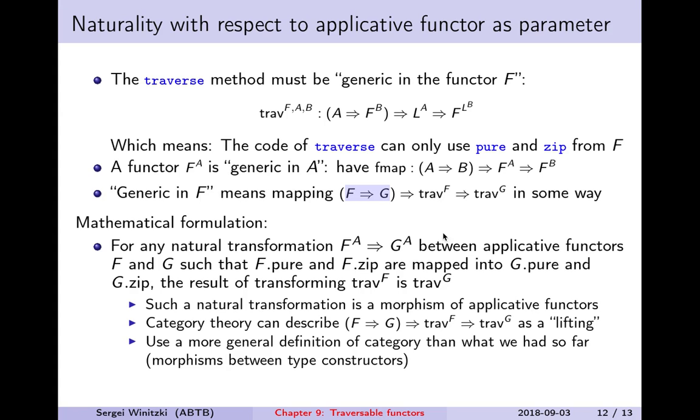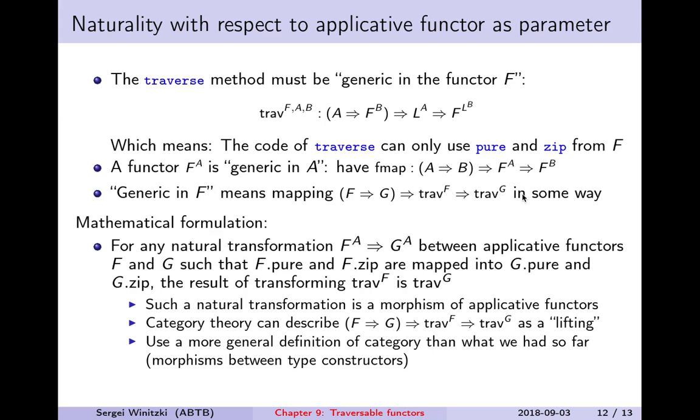And so right now it is useful to think about this as a lifting, and the laws, of course, need to hold, such as identity and composition. So if we map F to F, then we don't change anything. This should be lifted into identity and composition. F to G to H mapped to composition of those mappings, and so on.